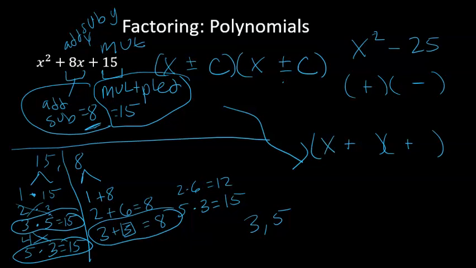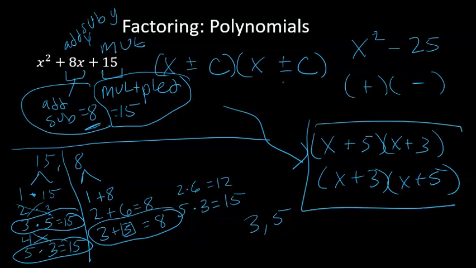They gave me those x squares, so I'm going to do x, and then in the back, I'm going to do a 5 and a 3. If it's addition, you can also do this. This is the exact same thing. I just flipped the constants, the back numbers, over. These are both the exact same answer. So this is right, and then this is right. It looks like the answer is 5 and 3.